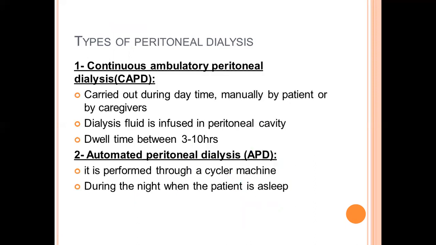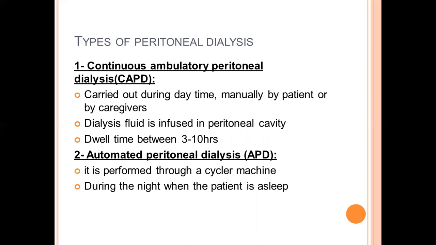Types of peritoneal dialysis. There are two types of peritoneal dialysis. Number one is continuous ambulatory peritoneal dialysis, CAPD, and automated peritoneal dialysis is the second one. The first one, continuous ambulatory peritoneal dialysis, is carried out during the daytime, manually by the patient or by caregivers.